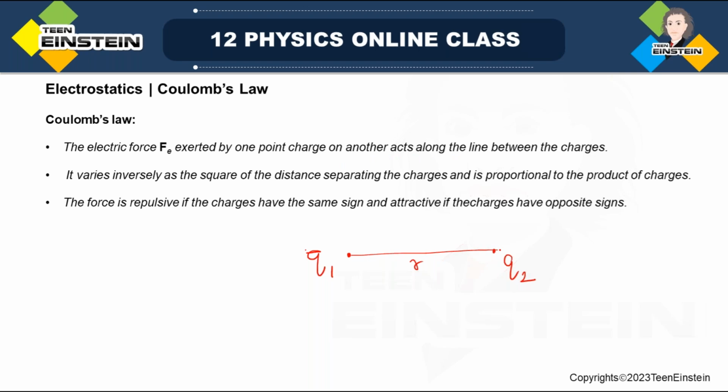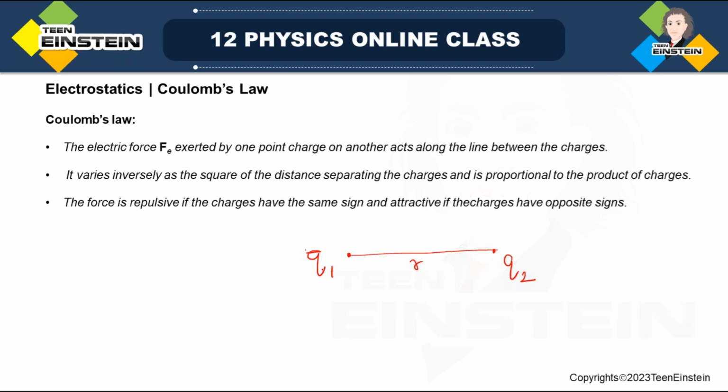So it acts always along the line, either this way or that way. Obviously, we'll see that the electrostatic force or Coulomb force are action and reaction. It always acts in pair. We'll see that also. First of all, let us understand the statement of Coulomb's law.